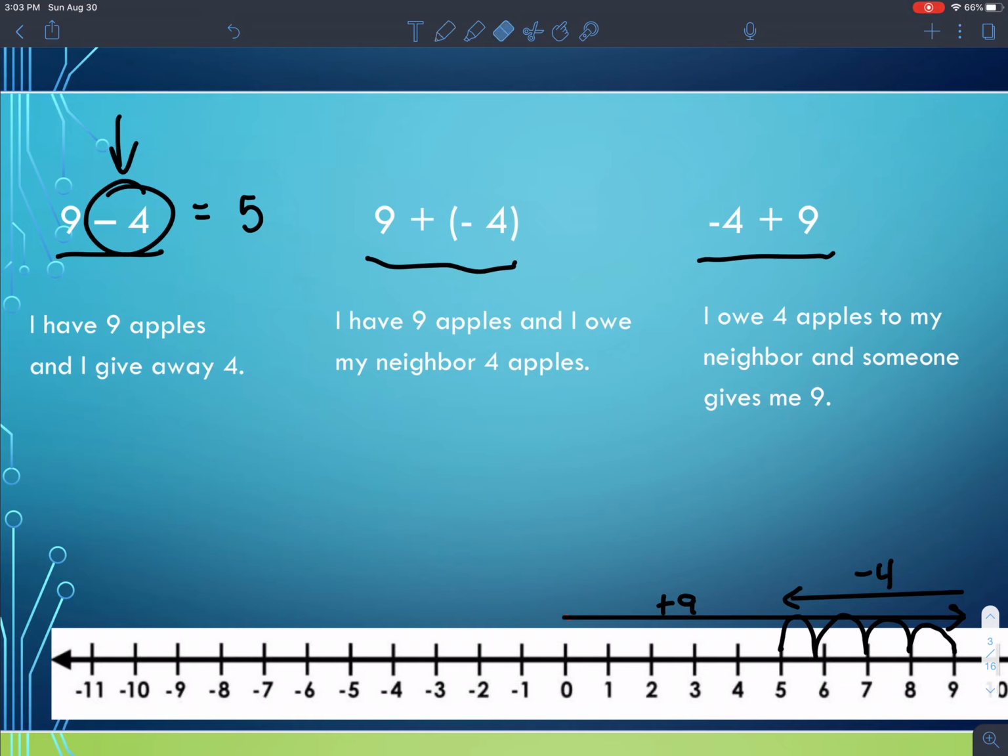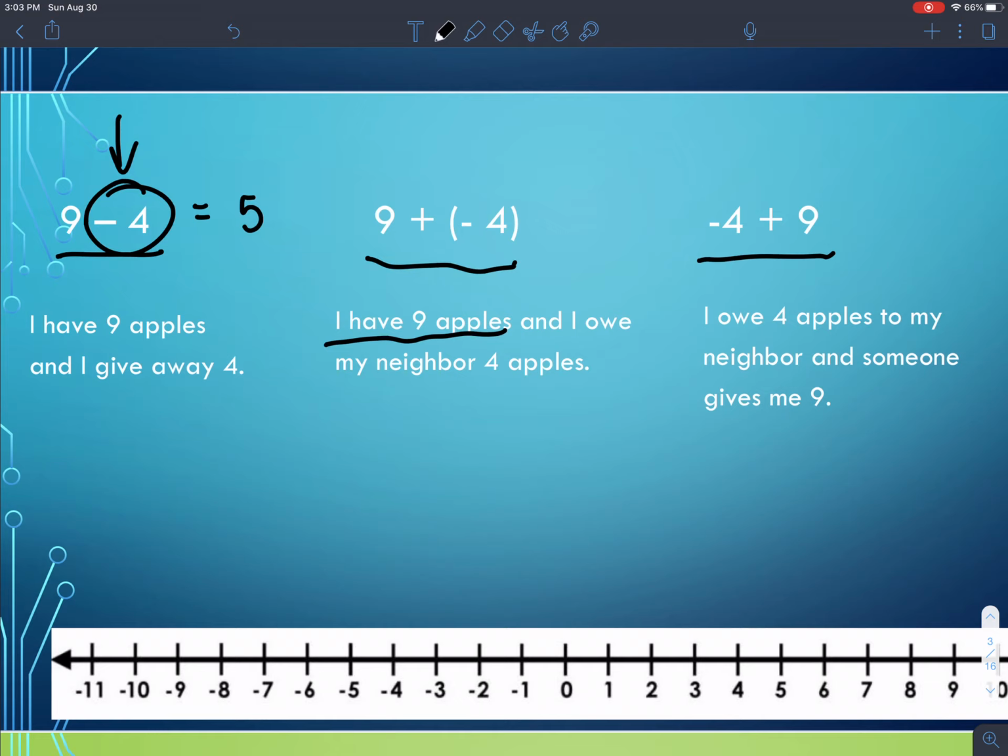So let's look at this second problem, 9 plus negative 4 on the number line, and see how that looks. The example is a little bit different, but we'll see that the result ends up being the same. I have 9 apples, and I also owe my neighbor 4 apples, so I have a debt of 4 apples.